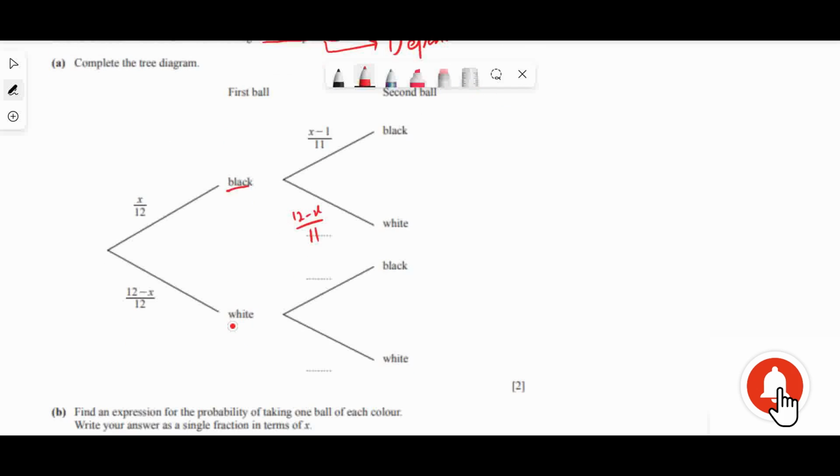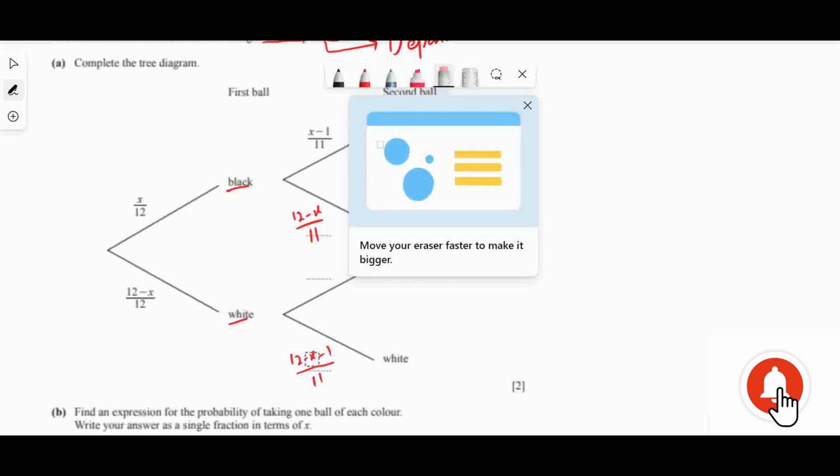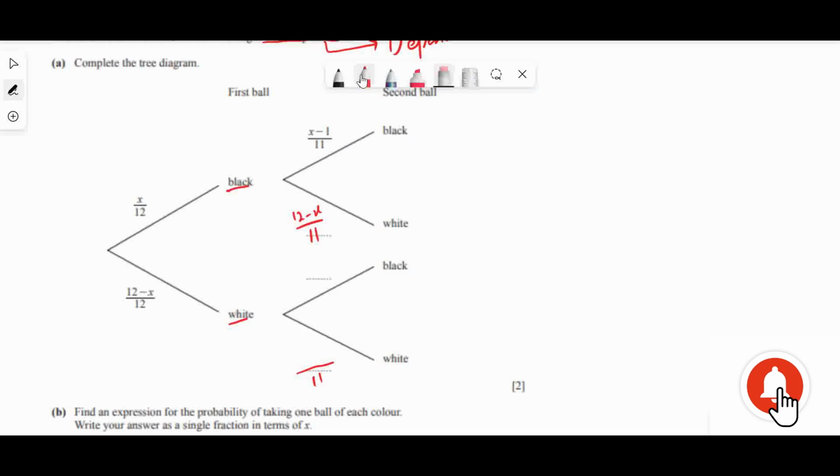We are picking the white ball, so it will reduce one white ball. So this will be 12 minus X minus 1 whole divided by 11, and if we simplify it, we can directly write it over here that this will be 11 minus X whole divided by 11, and for the black ball this will not be changed, so X divided by 11. So this will be the tree diagram.